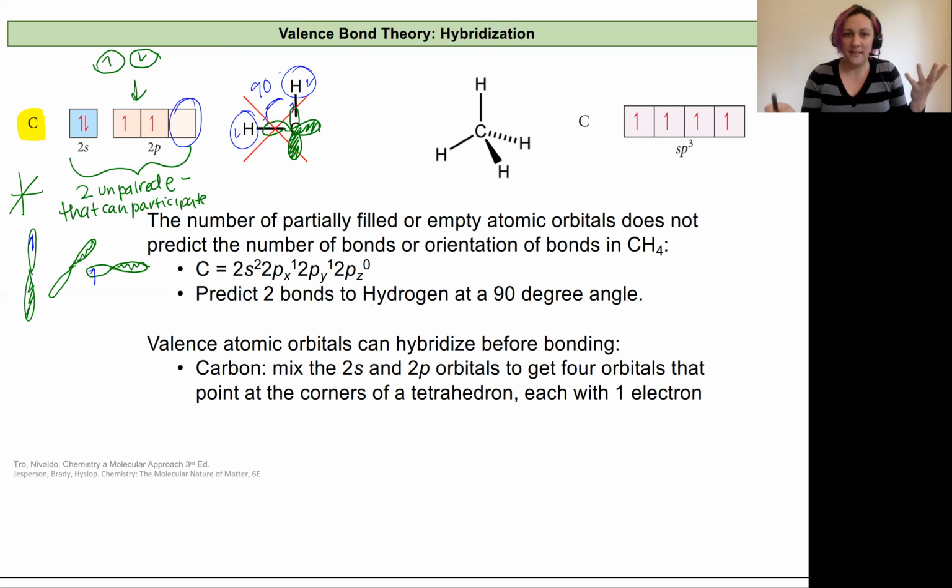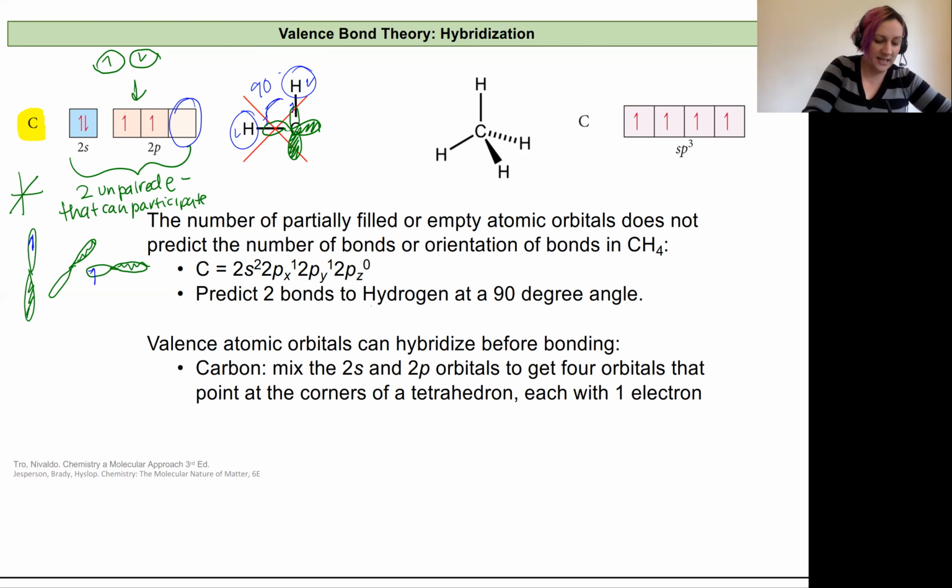And so what happens is, if we think of our atomic orbitals, when the carbon is totally isolated on its own, it can make sense. But when that carbon is coming into contact with other hydrogen atoms, it's going to have the opportunity for those valence electrons to interact with the valence electrons of those hydrogens. And those atomic orbitals are going to hybridize to maximize the stability that would be gained by bonding to 4 hydrogen atoms.